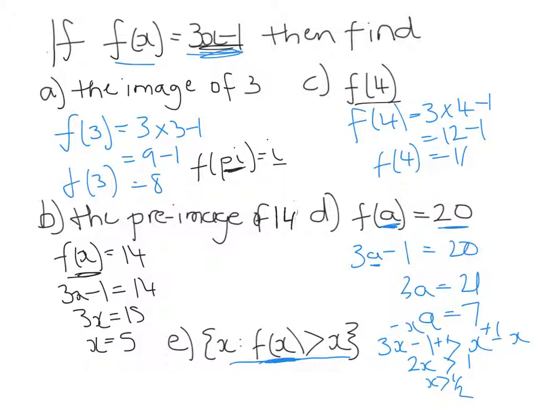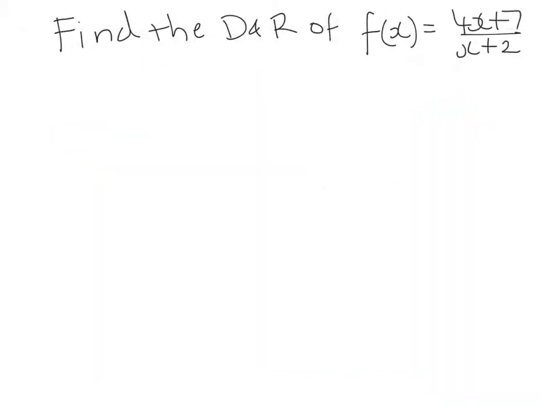Okay, let's try the last slide now. Find the domain and range. Now this, even though it might not look like it, is actually a hyperbola. The way we can make it look more like a normal hyperbola is if we divide one by the other. So x divided by 2, how many times does it go into 4x plus 7? Well, it should go in 4 times.